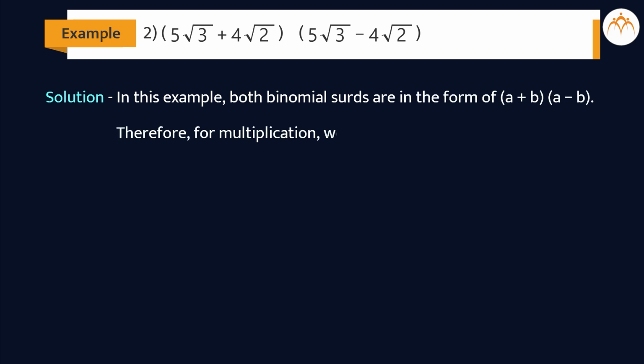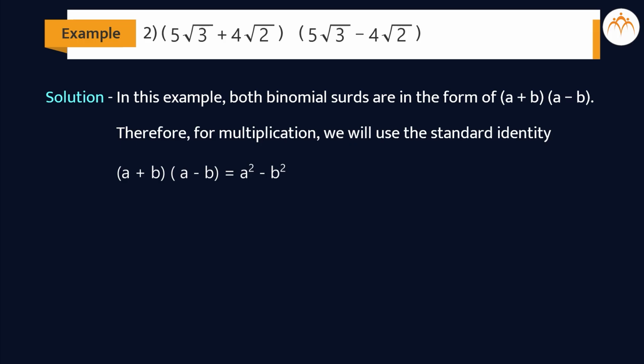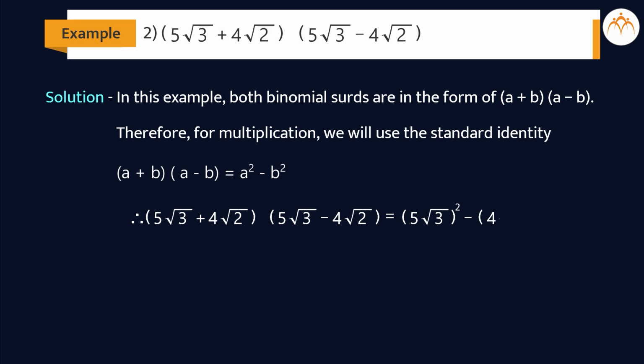Therefore, for multiplication, we will use the standard identity (a + b)(a − b) = a² − b². Therefore, (5√3 + 4√2)(5√3 − 4√2) = (5√3)² − (4√2)² = 25 × 3 − 16 × 2 = 75 − 32 = 43.